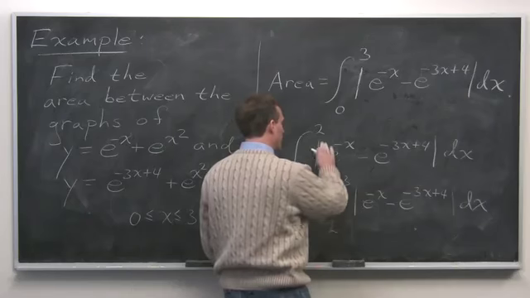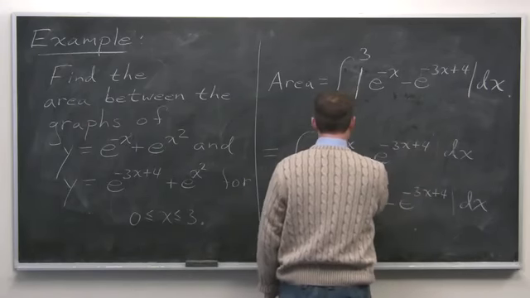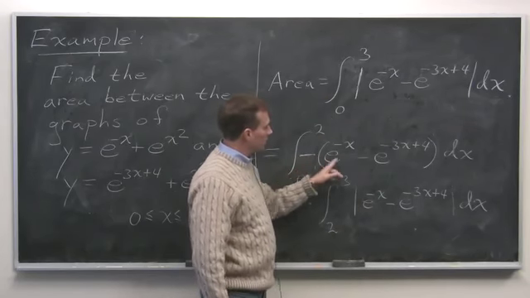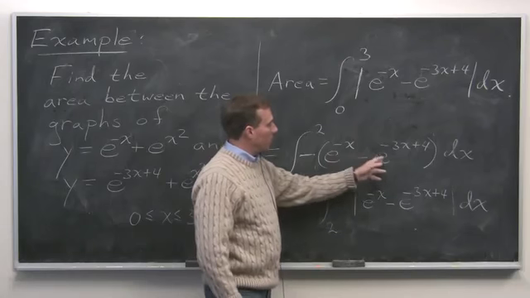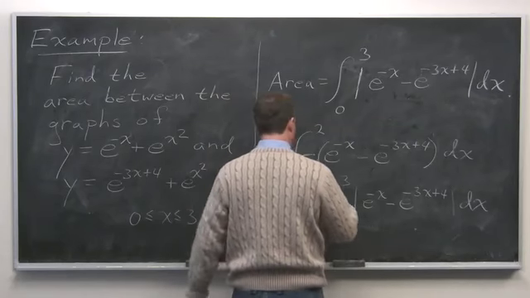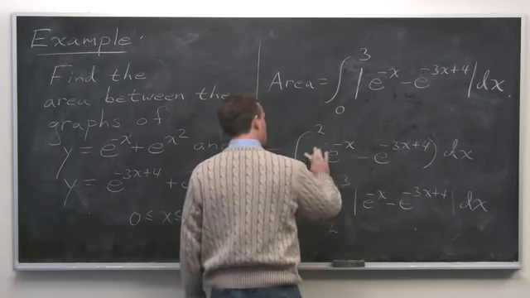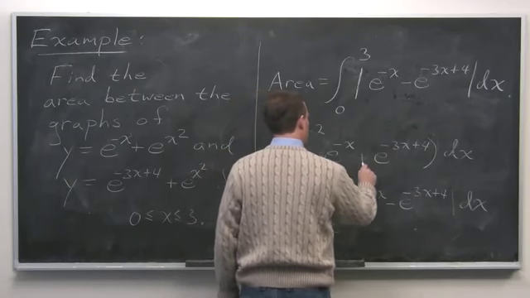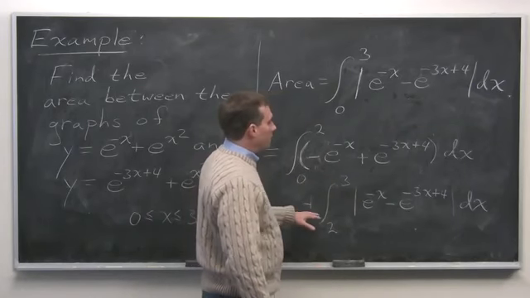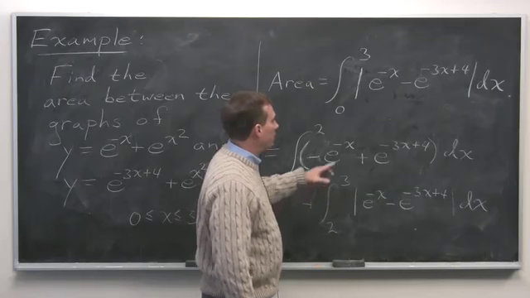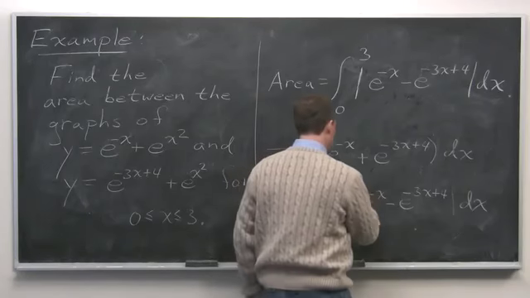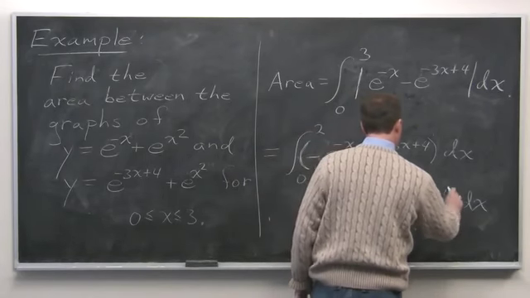So its absolute value is the negative of what's in here, and you can distribute that minus sign, so you get minus this plus this. And for x between 2 and 3, this quantity is positive, so the absolute value is just the thing itself. So you integrate this.